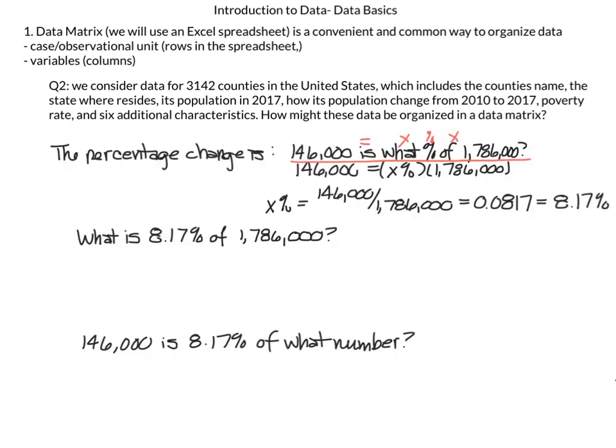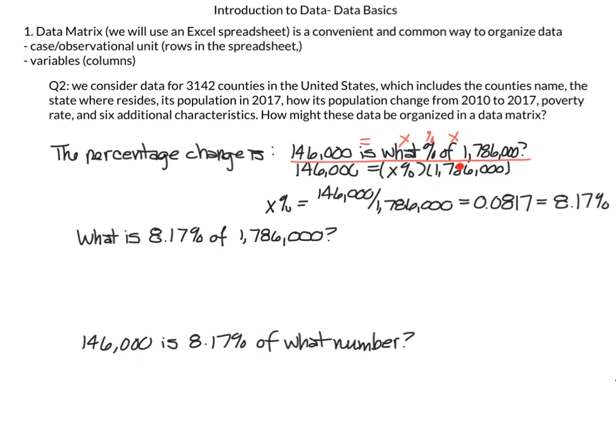I wanted to do a few more examples of percentage problems. So I moved from our last slide, this here, the percentage changes. We were answering the question, 146,000 is what percent of 1,786,000? I substituted in my equation an equal sign for is, what I substituted in X, percent I kept the percent, and of I did a multiplication.